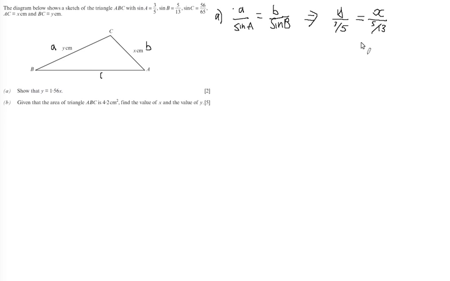So I'm looking to rearrange this to get y equal to x. So I'm just going to deal with this fraction first of all. To deal with this fraction, x divided by 5/13, let's not worry about the other fraction for a second because you'll see what I'll do with it in a moment. Flip the fraction upside down and multiply, and I get 13x over 5.